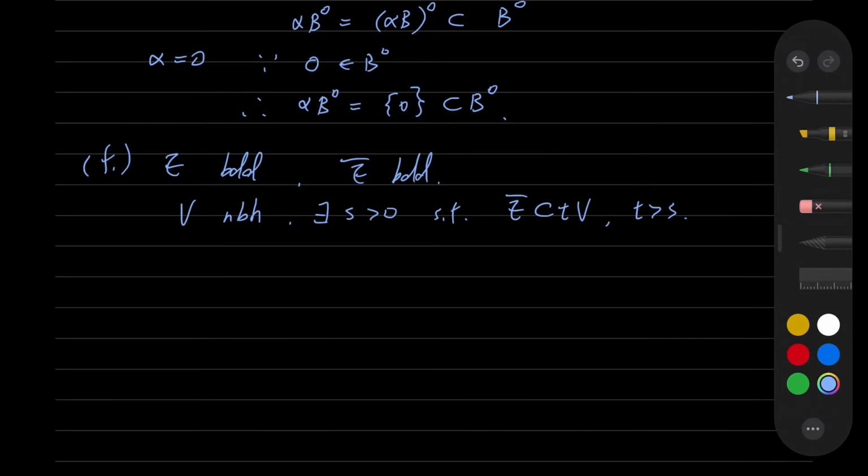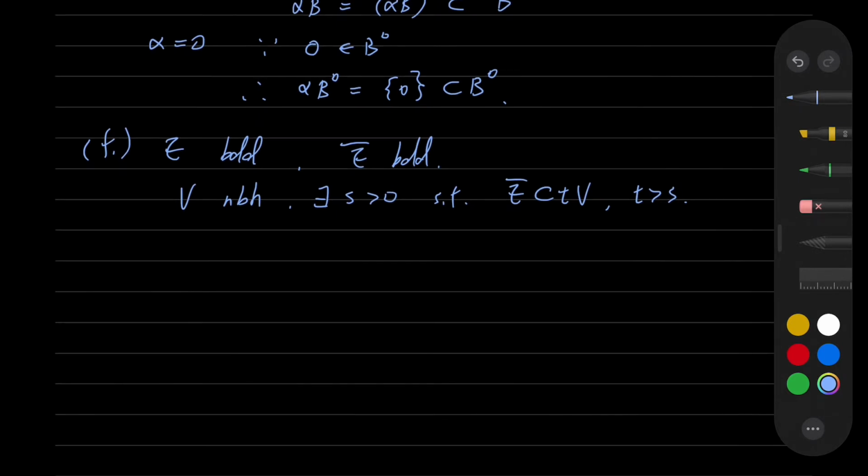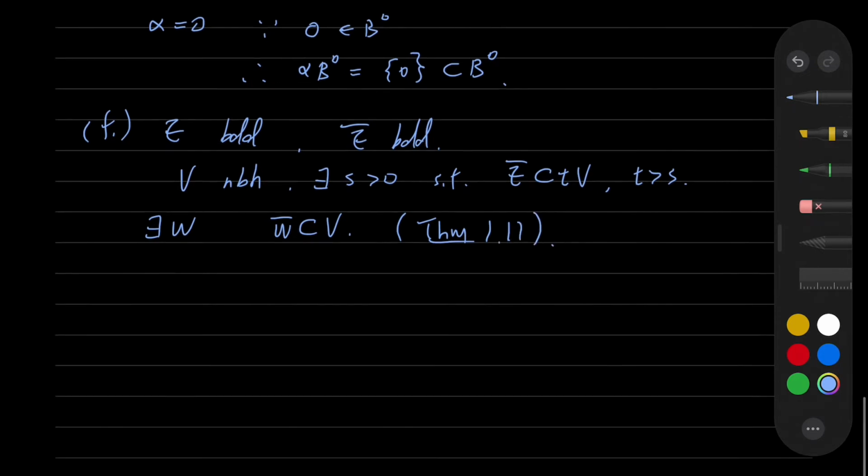To prove this, we use the property that every neighborhood contains a neighborhood such that the closure is contained in the neighborhood. This is a theorem that we proved before, theorem 1.11. Now we use this neighborhood W to apply the boundedness definition.